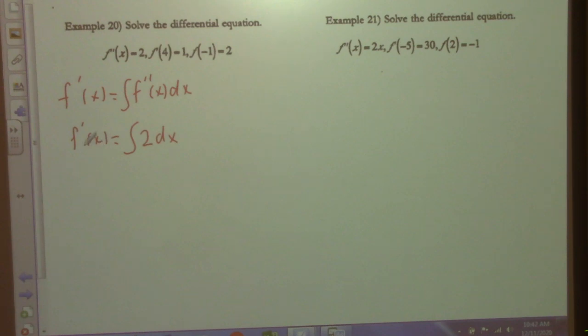And then once you find this f prime of x function, you'll be able to plug in and get the particular solution, and then use that particular solution here to advance to the f level. Does that make sense? Yeah. And so you're going to be finding a particular solution in this instance twice to get to a final answer.